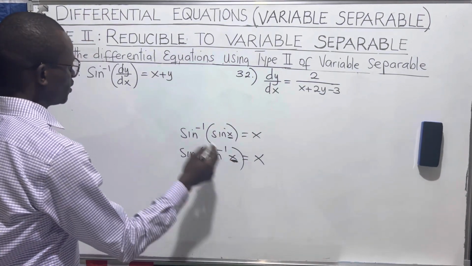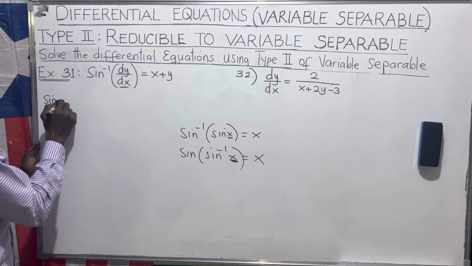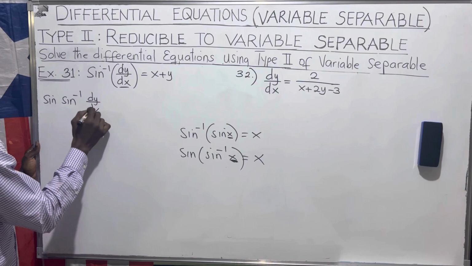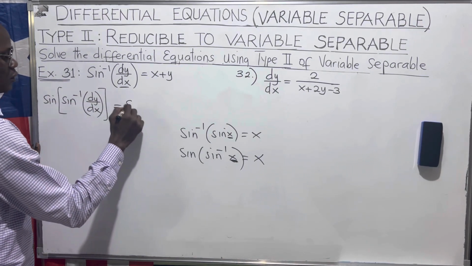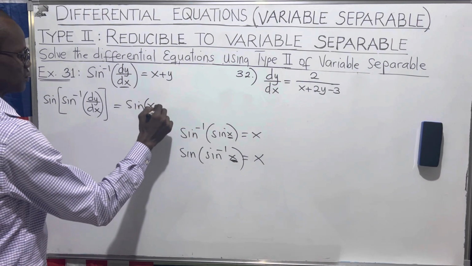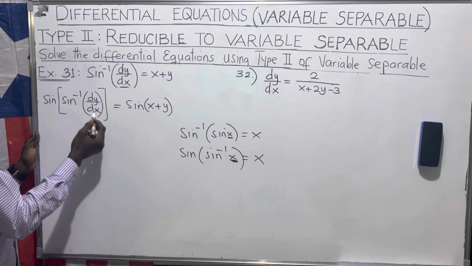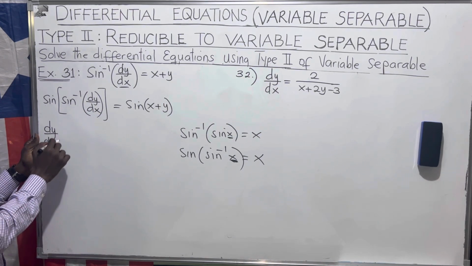Our x here represents what is here, so we can take sine on both sides. We take sine on this side as well, x plus y. So sine of sine inverse of dy by dx is just equal to dy by dx.